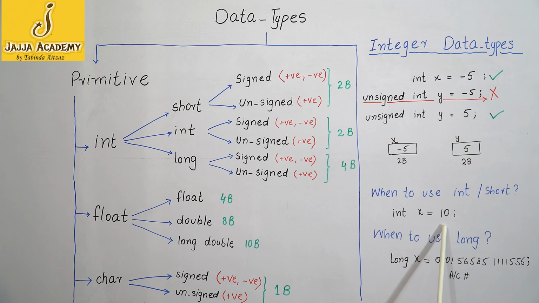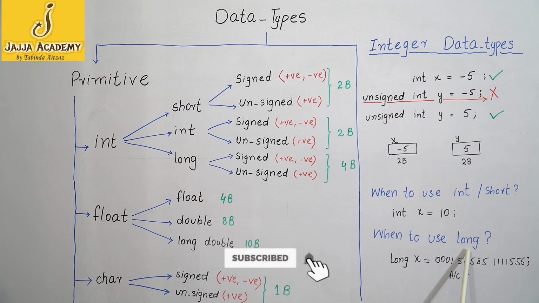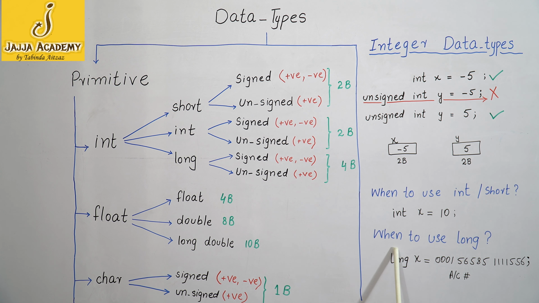But if I have to store a phone number or an account number in a variable, then integer x will be incapable of storing it. In this case, I will use the long data type because it supports larger values. And here is the answer of when to use the long data type.